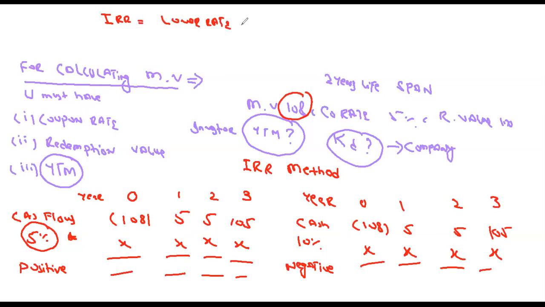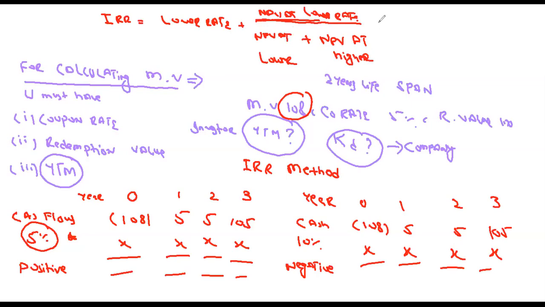Low rate plus NPV at low rate divided by NPV at lower plus NPV at higher, into high rate minus low rate.